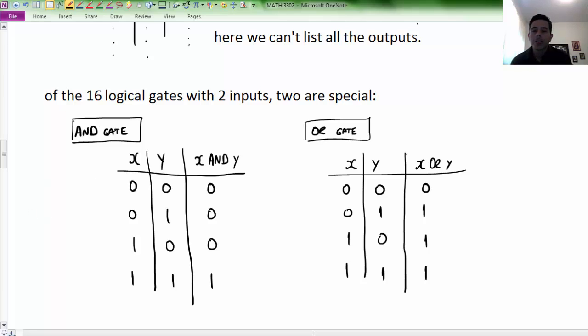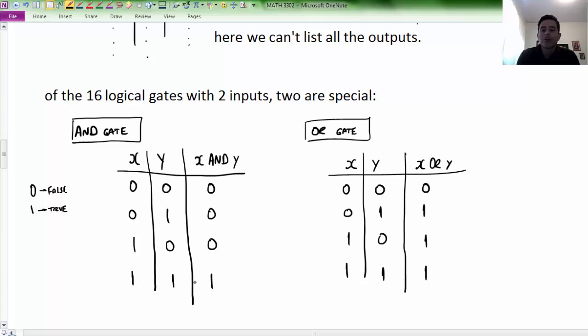If you treat 0 as false and 1 as true, then you can see exactly how this works, right? If it's false, false, then the output is false. If it's false, true, then the output is false.